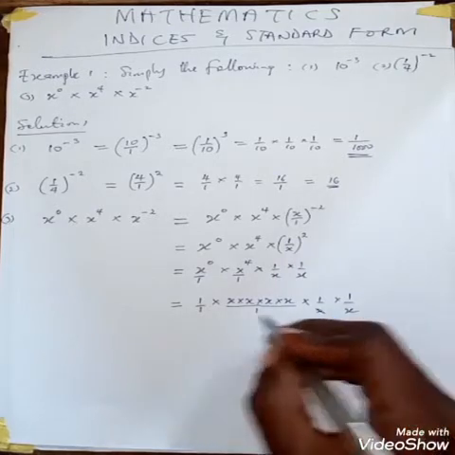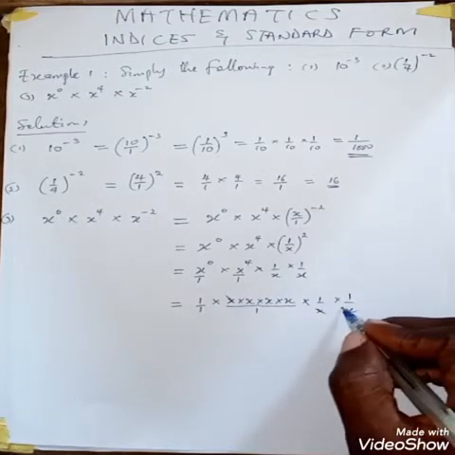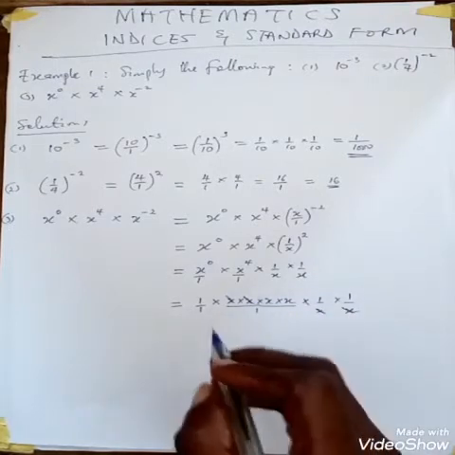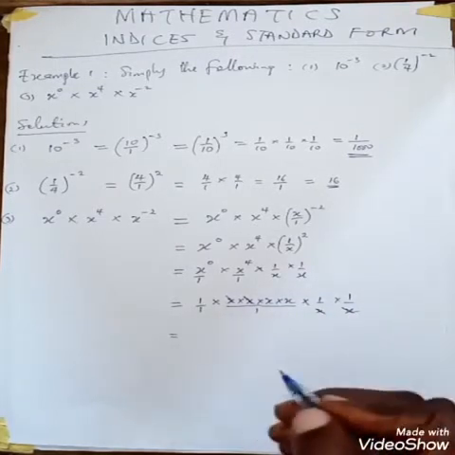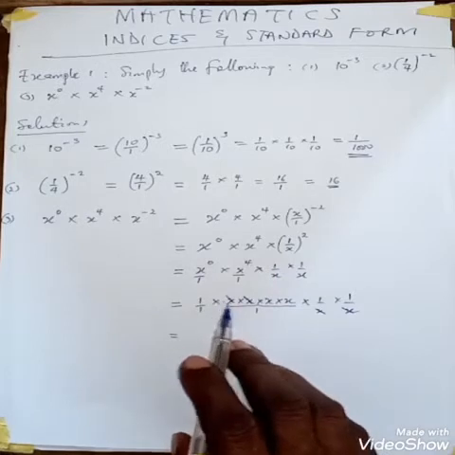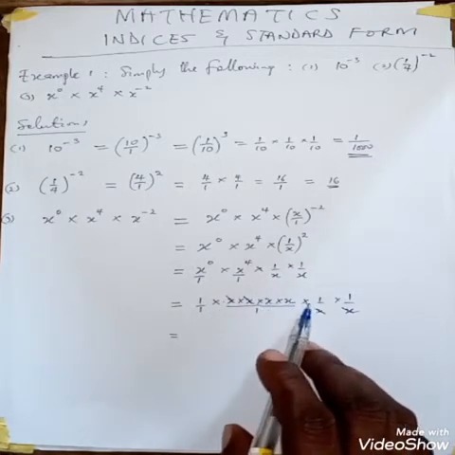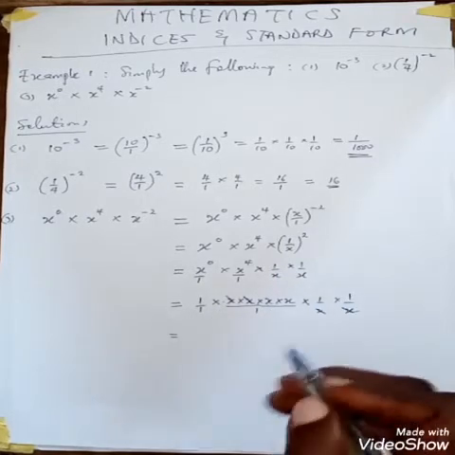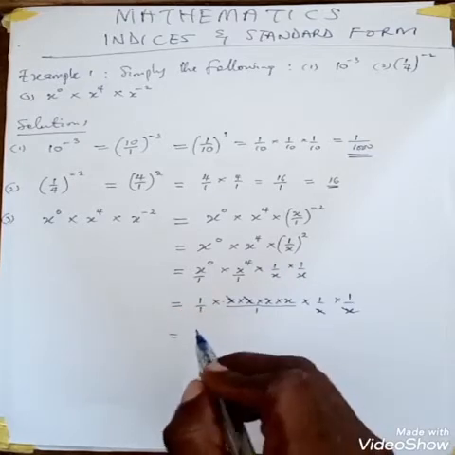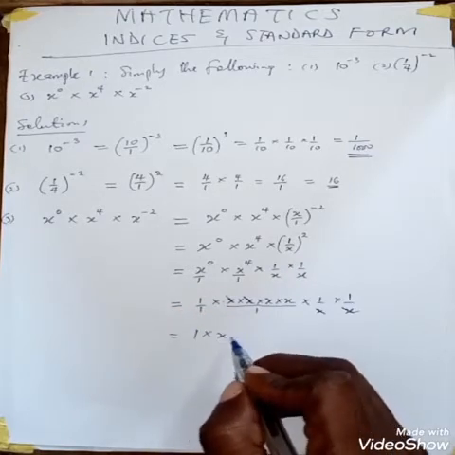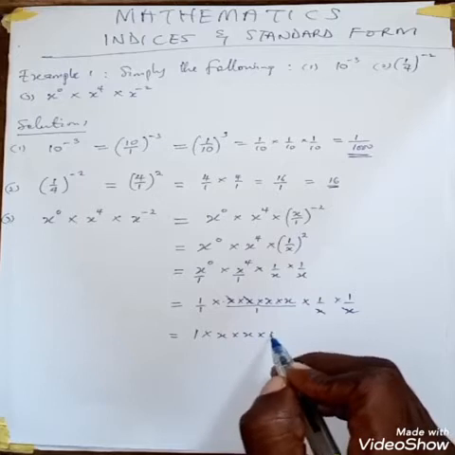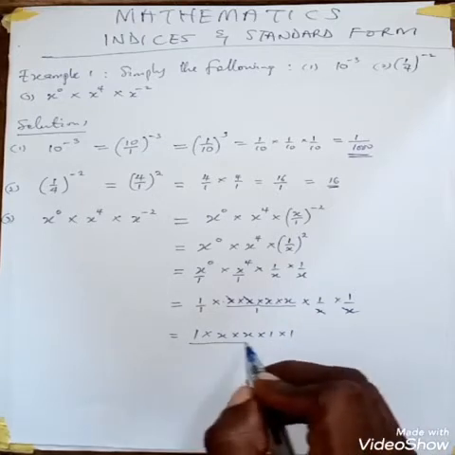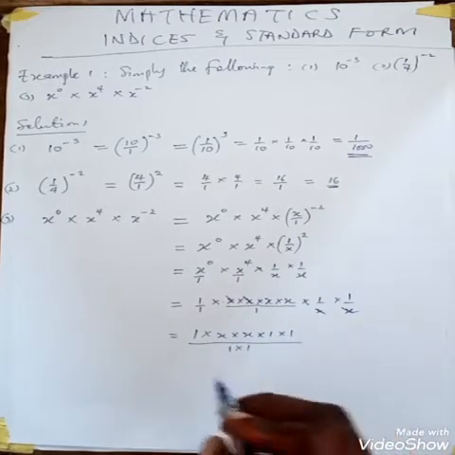So this x here can cancel the x here, and this x here can cancel the x here. What do we have left? What we have left is 1 times x times 1 times 1, everything over 1 times 1.